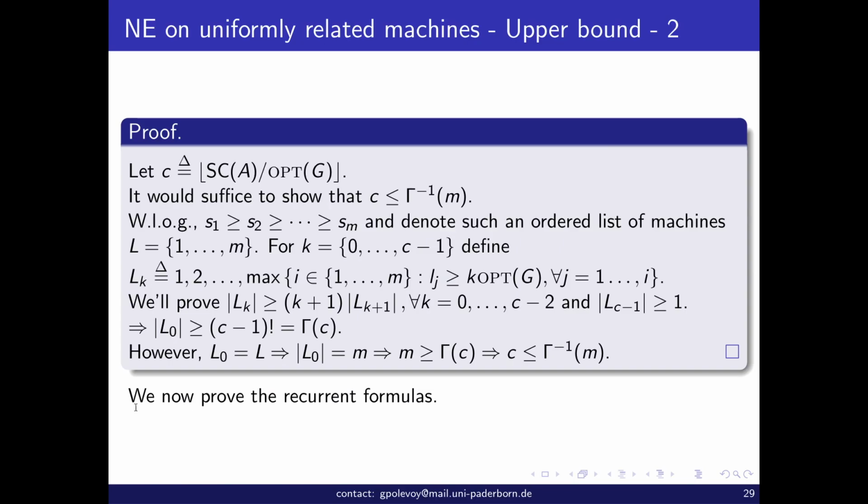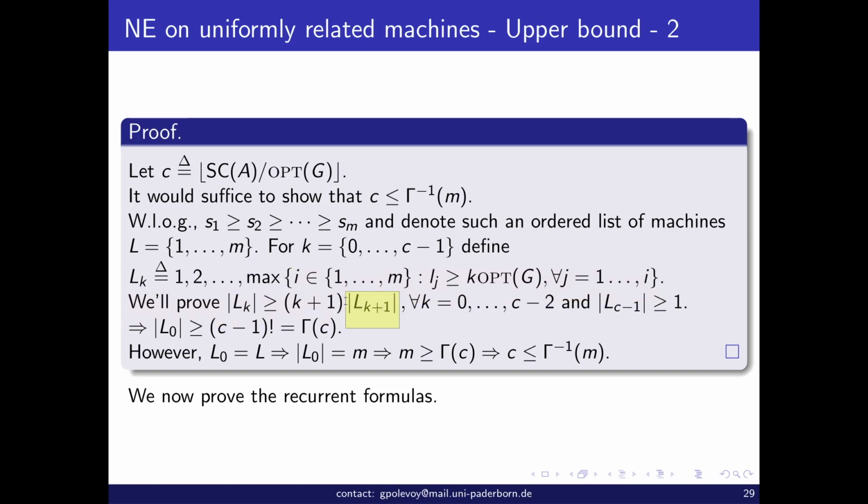We start the proof by saying: order the machines by the speed, define this list L, for each k between 0 and c minus 1, I remind you what c is. We define those prefixes Lk, and what we're going to prove, that's the recursion, which we'll prove later, is that the size of Lk is at least k plus 1 times the size of Lk plus 1.